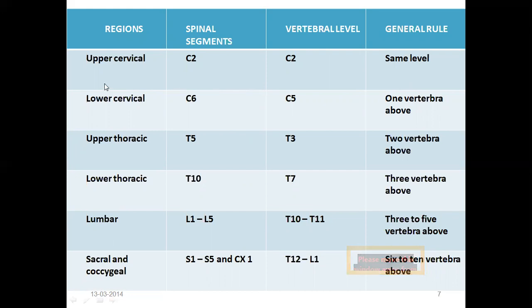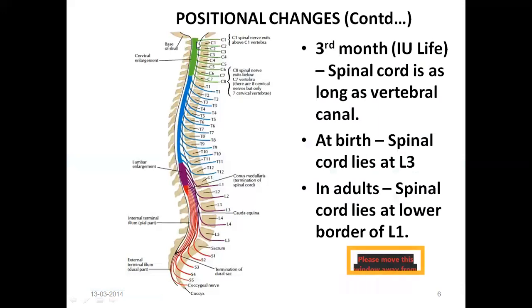Spinal segments: the C2 segment lies at the same level as the C2 vertebra. Now see, these are the vertebrae C1, C2, C3, C4, C5, C6. This is the cervical part of the spinal cord, this is the thoracic part, this is the lumbar part, and then we have the sacral and coccygeal parts.